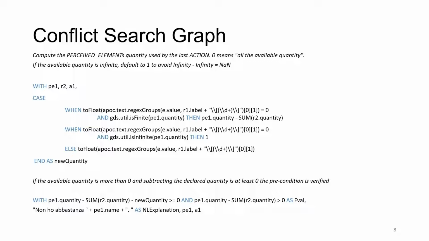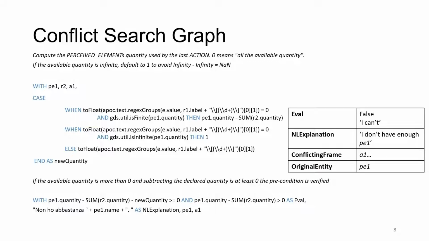So was it entirely used, or was, for example, a quantity specified during the interaction? If the item, the element, is no longer available, it means that the action cannot be performed. And from this query, we return these elements.